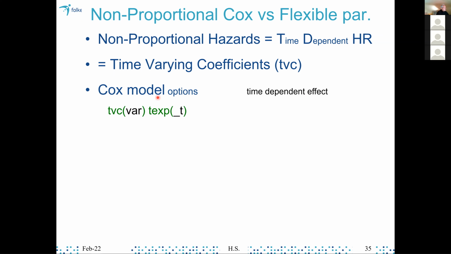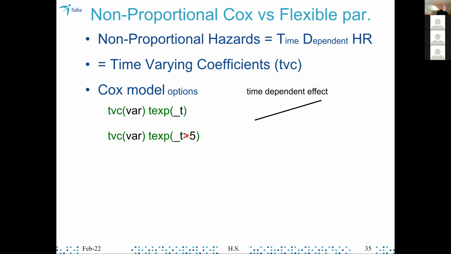So what you do in the Cox model is to, of course, have the ordinary Cox statement. And here, if you have a variable that you would like to use a time-dependent effect for, you write TVC, name of that variable. And then you can put in an expression for the time-dependent effect. If you put in just _t, well, then you have the model that I showed you earlier, linearly increasing or decreasing effect of the exposure over time.